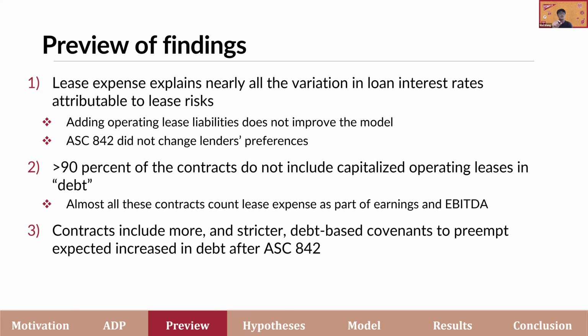And we found that lenders would include more and stricter debt-based covenants to preempt this expected increase in borrowing. So it's less to do with the fundamentals of lease accounting, and more to do with what lenders perceive the borrowers will do in response to the new standard.